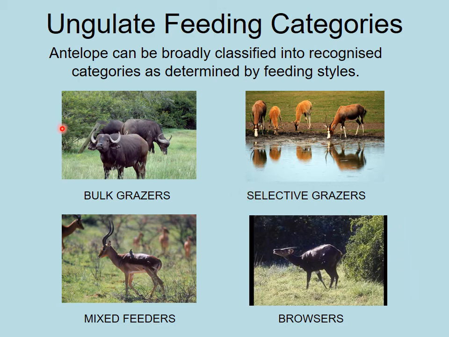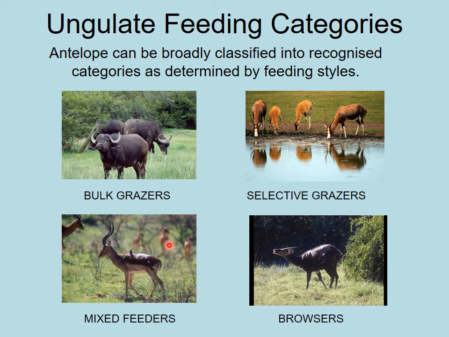Species like buffalo have very broad muzzles and are very large ruminants, and so they are considered bulk grazers. We then have other species that have much narrower muzzles, like these blesbok, and they are essentially selective grazers. They will select certain types of grasses. We then have browsers, species like bushbuck and kudu, and then mixed feeders, so species like impala. These are all ruminants, by the way, these four species shown here.